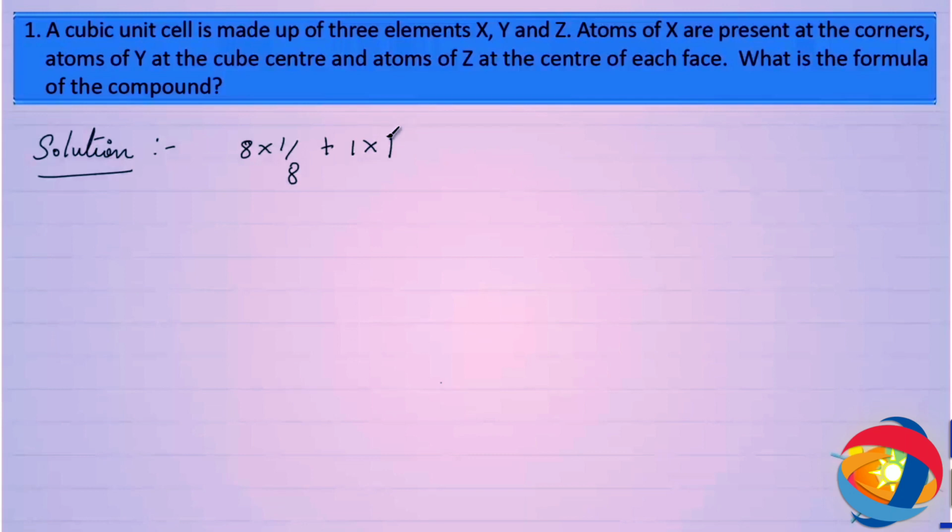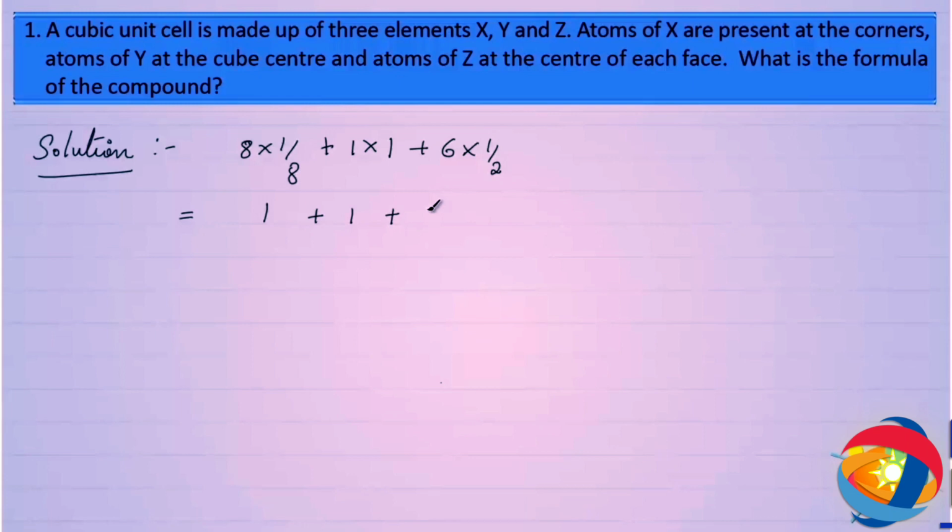Along with this, we also have 6 faces of the unit cell, and the center of each face is occupied by Z atoms. Therefore, the contribution of Z atoms per unit cell is given as 6 into half. By solving the above, we get 1 plus 1 plus 3.